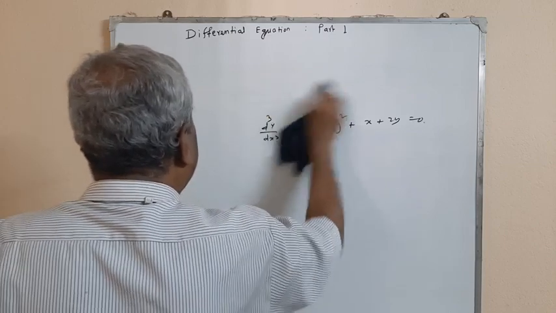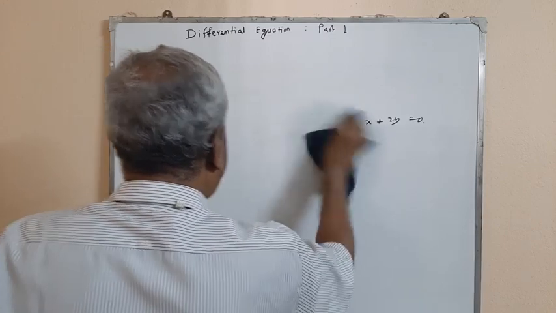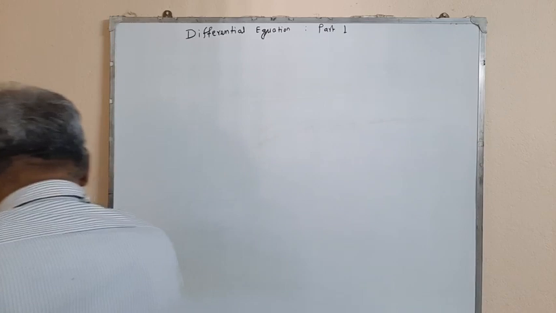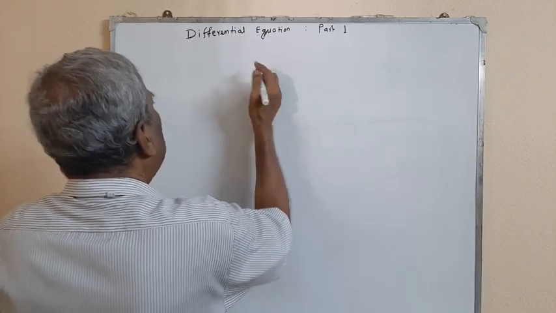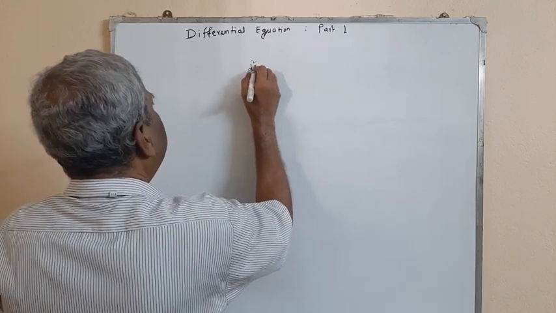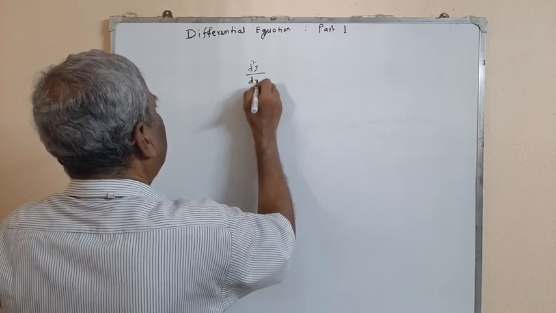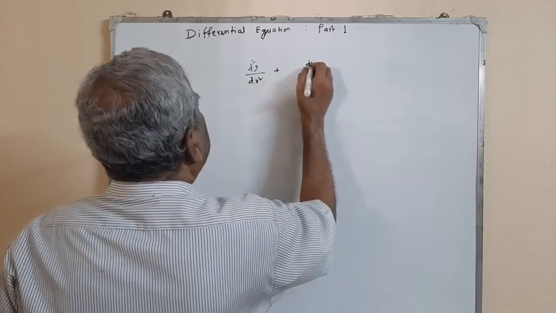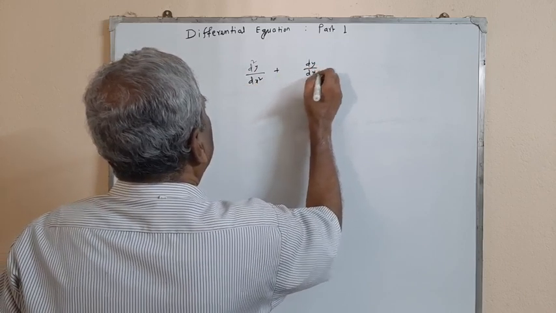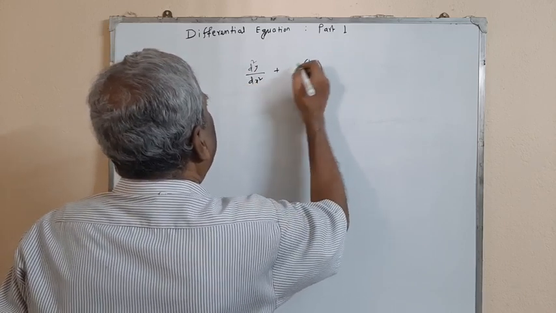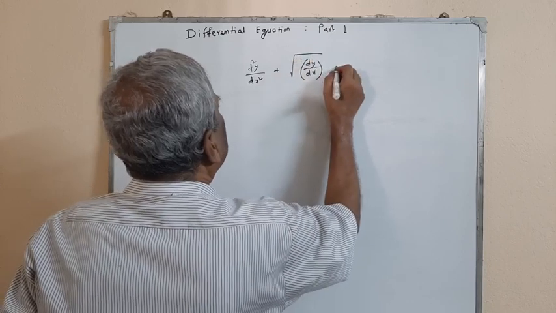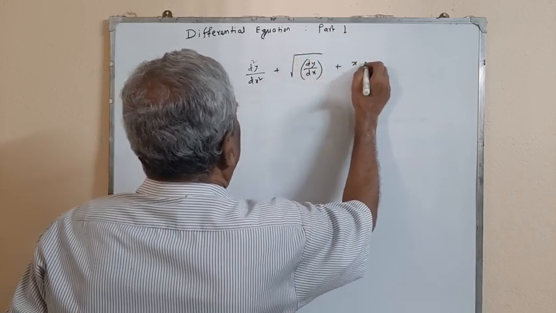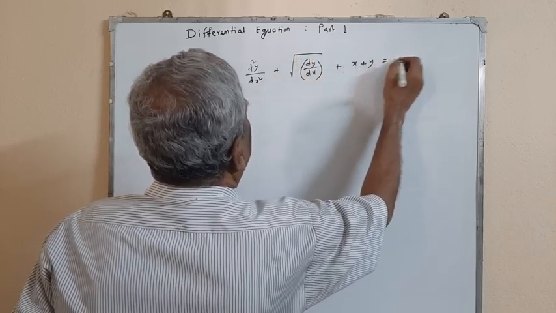Another example, I take another example. Say d2y/dx2 plus (dy/dx) to the power half, that is the square root of that, plus x plus y is equal to 0.